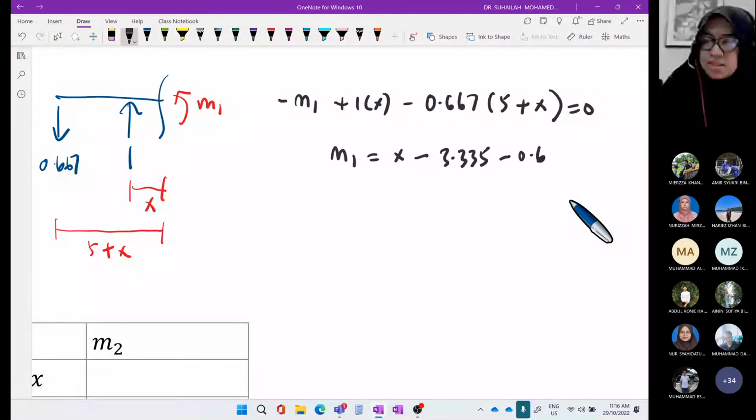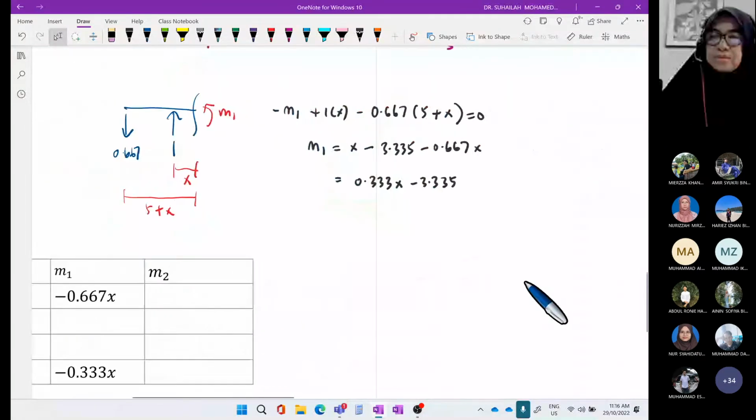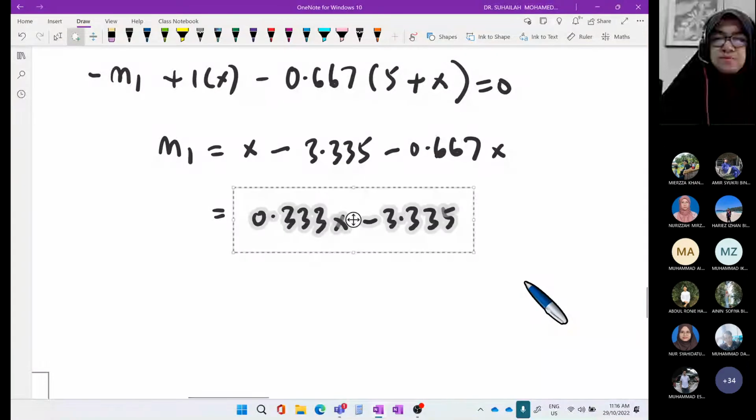So this is equal to 0.333x, minus 3.335. Sini ya. So M1 is (0.333x minus 3.335). So this is for this.